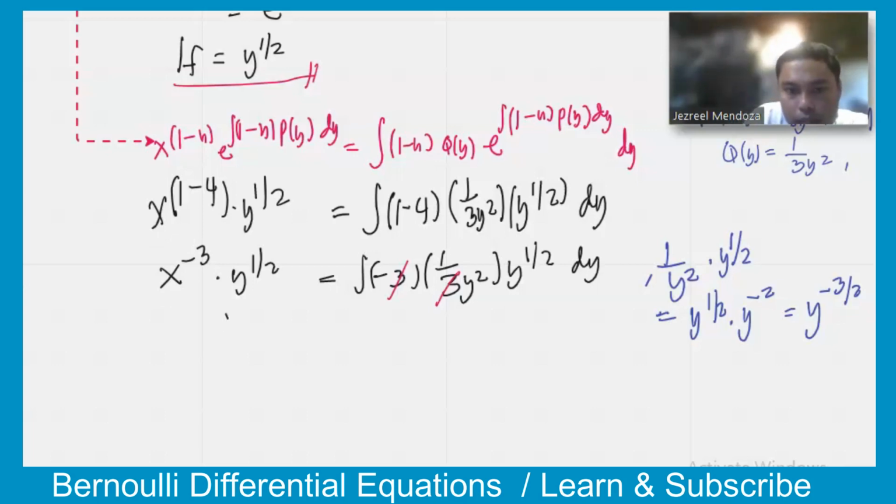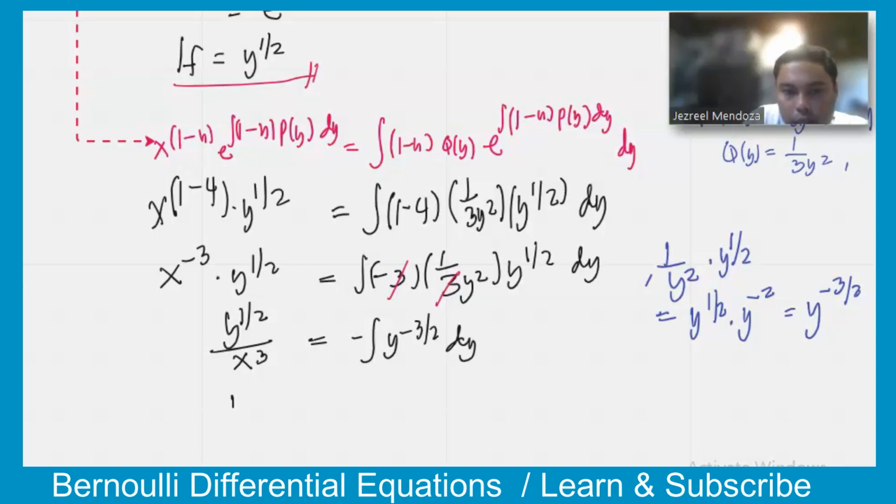That will become y to the 1/2 over x cubed equals negative integral of y to the negative 3 over 2 dy.